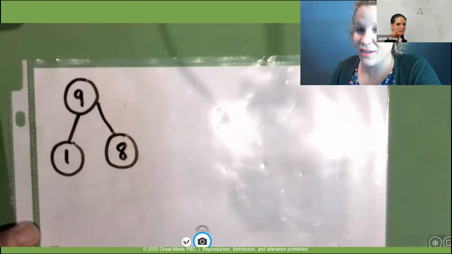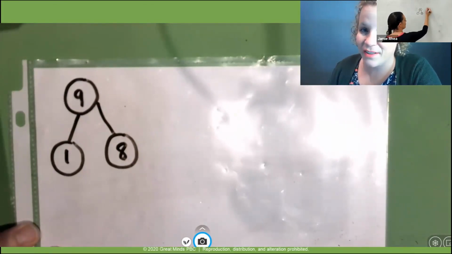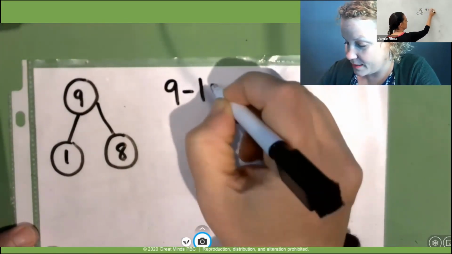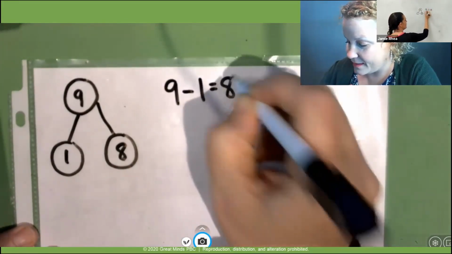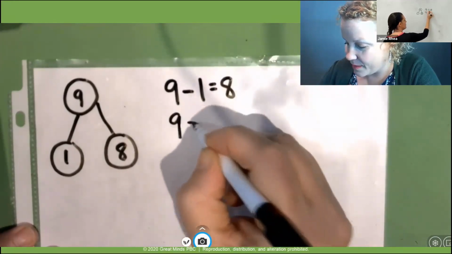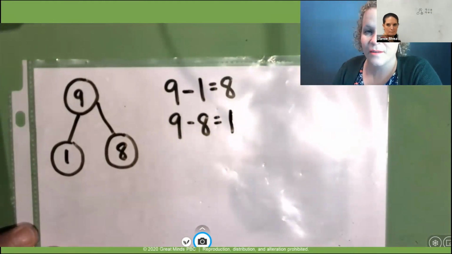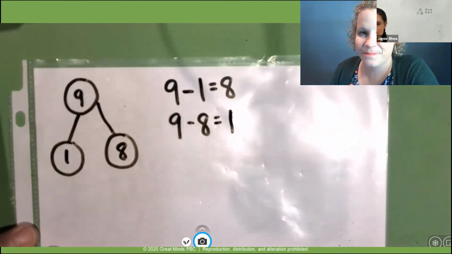Then let's write the subtraction number sentences that match this number bond. We had 9 minus 1 equals 8, and 9 minus 8 equals 1. Write that now. Mine's super tiny.